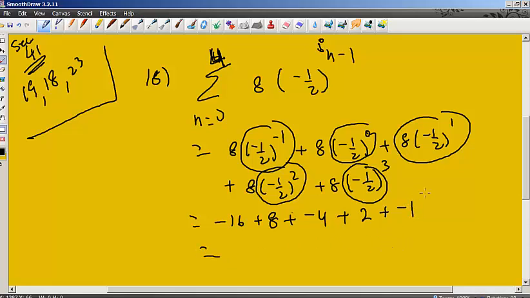Just add them together, you got the answer. What is it? Can't add? Negative 11? Alright, 19. That better be the answer.